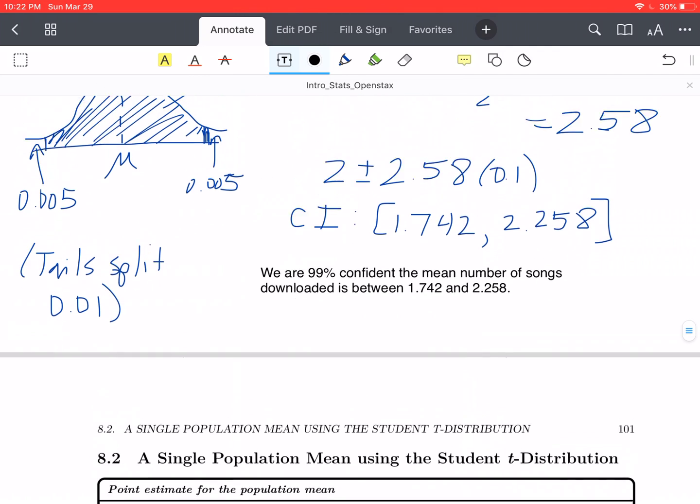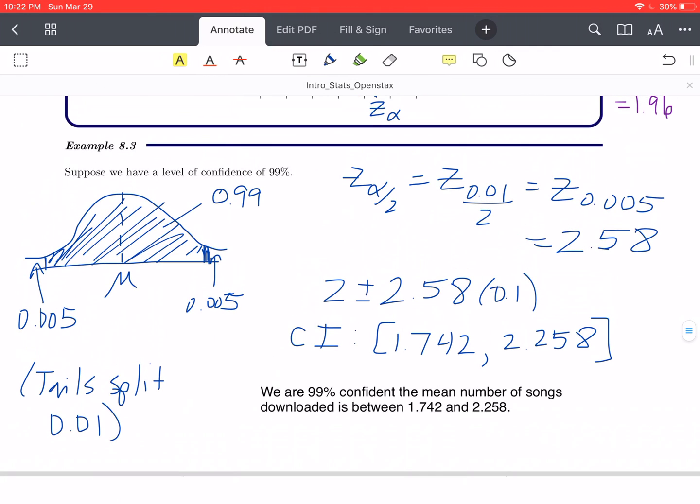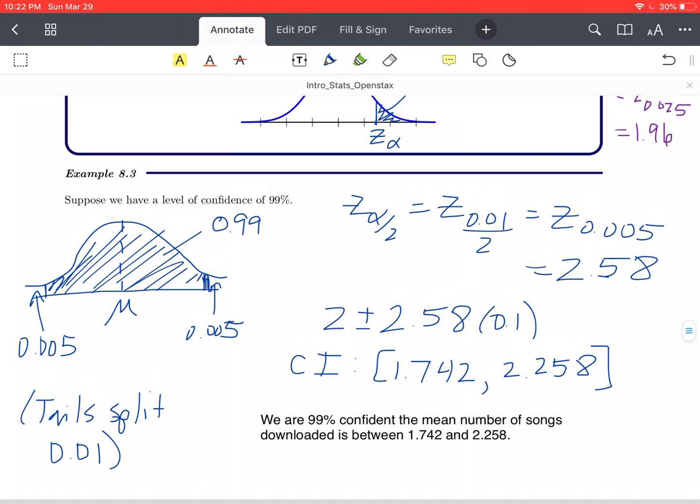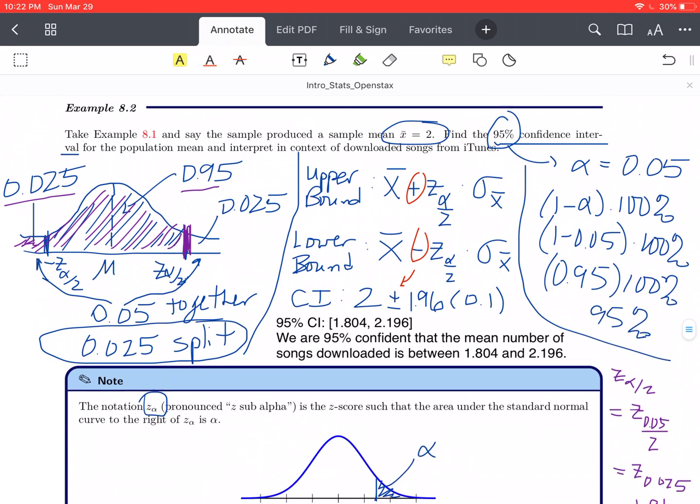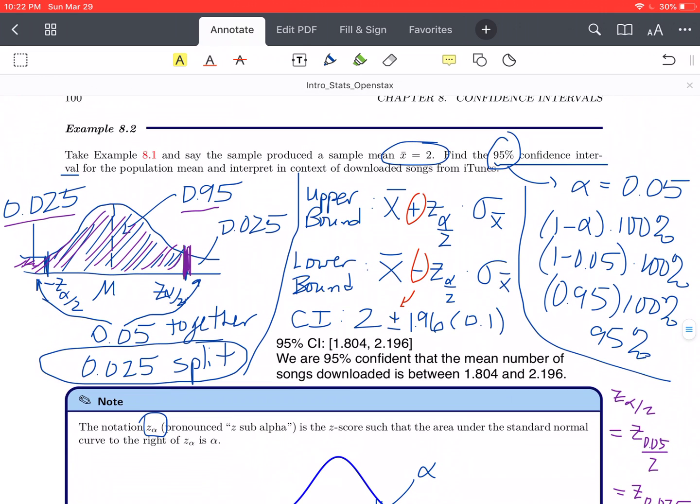All right. So, interesting thing to notice here. Notice that as our confidence level went up from 95% to 99%, the range also went up, right? The interval got larger. And so what that's telling us is the interval is more encompassing. It includes more values, so it gives us a better chance of being accurate, right? Because if I said, well, back up at this example, that's well and good, but maybe I'm not comfortable being only 95% confident, right? Maybe that 5% chance that I'm wrong is not sitting well.